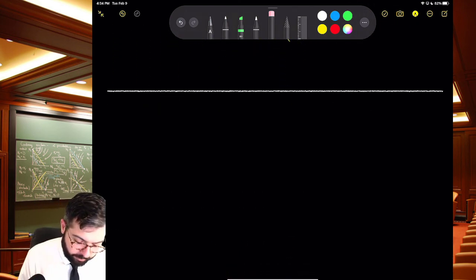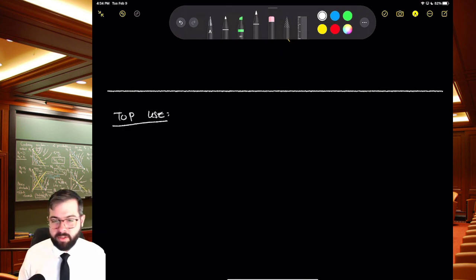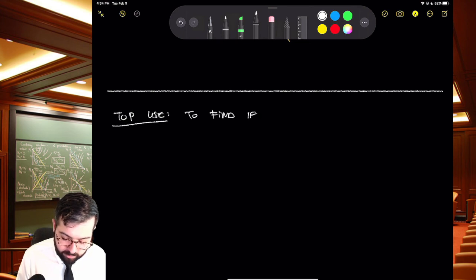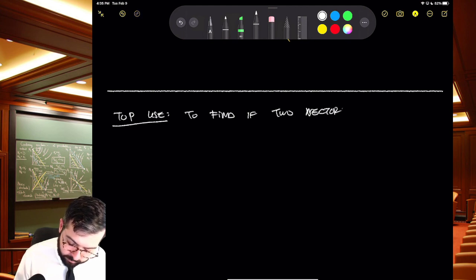The top use that we use that theorem for, maybe not the top, but it's in the top 3 for sure, okay? And the top 3 use of this is to find if two vectors are orthogonal or not.